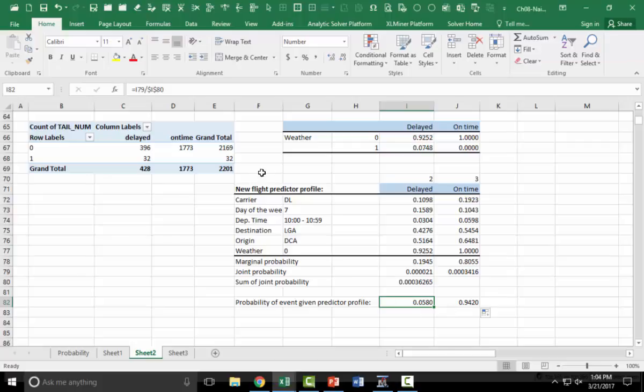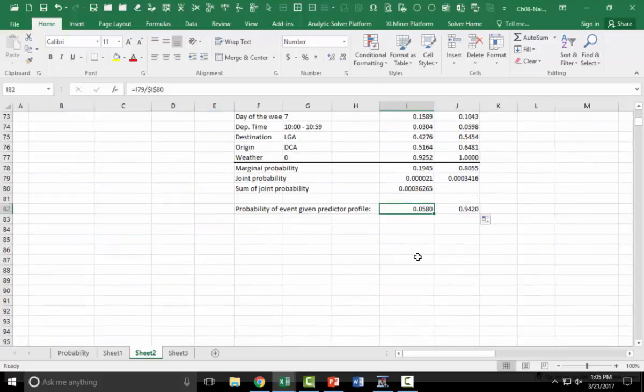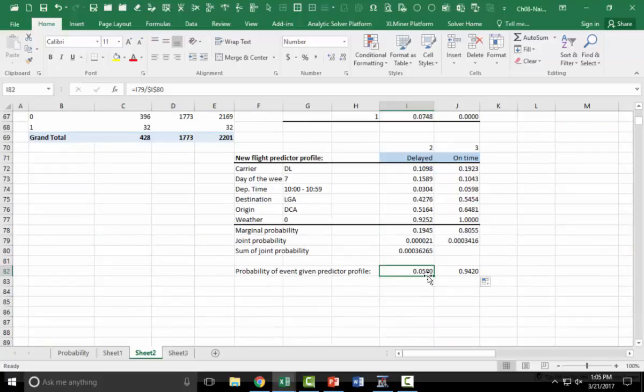Now whatever may be the flight profile, a new flight with these predictor variables, you can get the probabilities from these tables and compute the propensity for the event of the target variable. Propensity for delayed is 0.058 and propensity for on time is 0.9420 for this predictor profile.